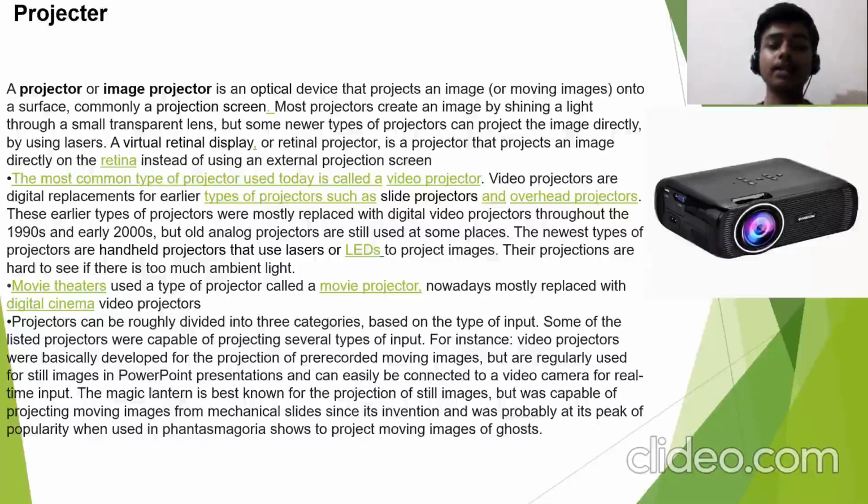The Magic Lantern is the best known projector of still images, but was capable of projecting images from mechanical slides. Since its invention, it was probably at its peak of popularity when used in phantasmagoria shows to project moving images of ghosts.